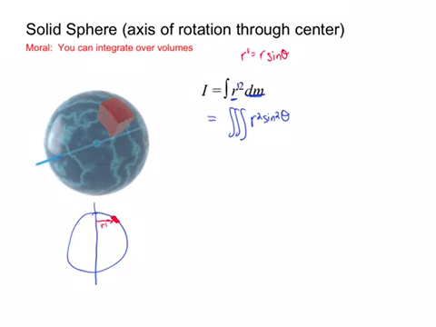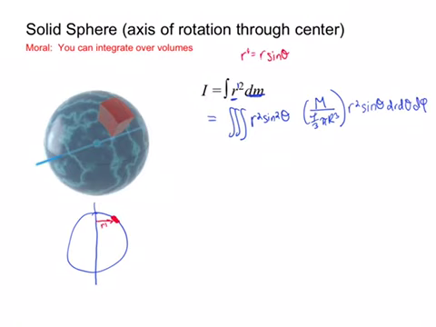And from our mass element, we've got, first let's go with the full mass over the full volume, big R cubed, times our r squared sine theta, and then our differentials dr, d theta, and d phi.